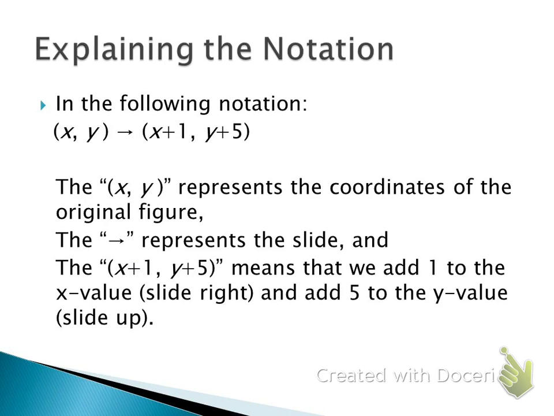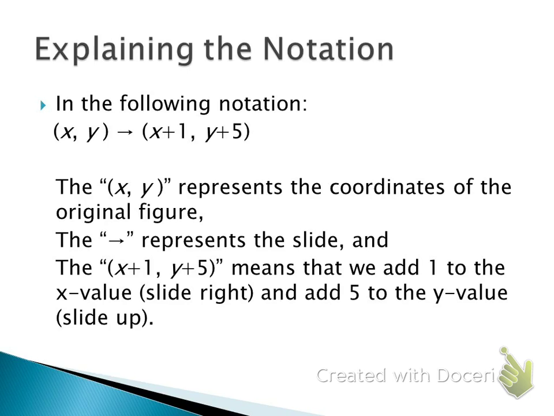Explaining the notation. So this is using coordinate notation. This is what it's going to look like. X comma y in parentheses with an arrow. That's how it will always start. So we're saying we're starting at the point x comma y. We are sliding it to, in this case, their example is x plus 1 comma y plus 5.